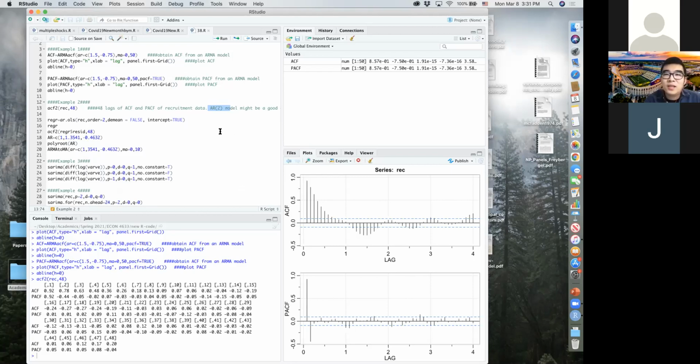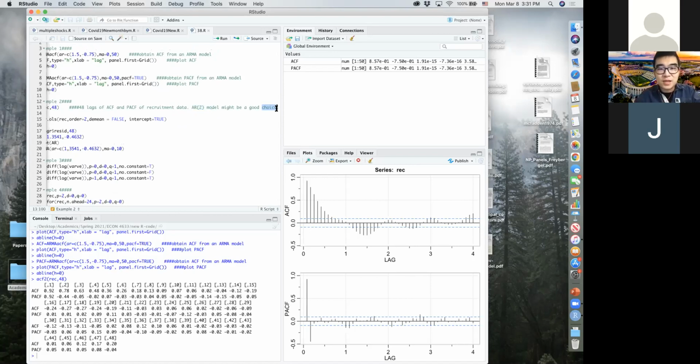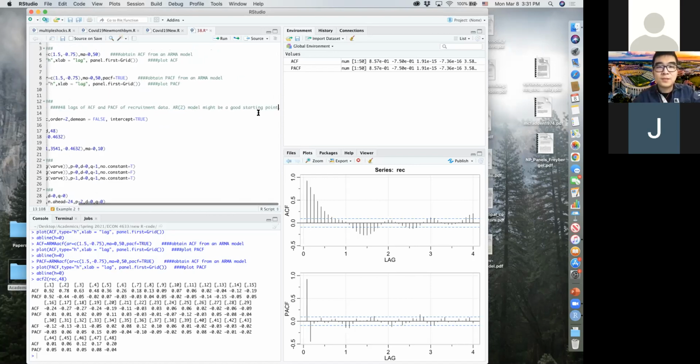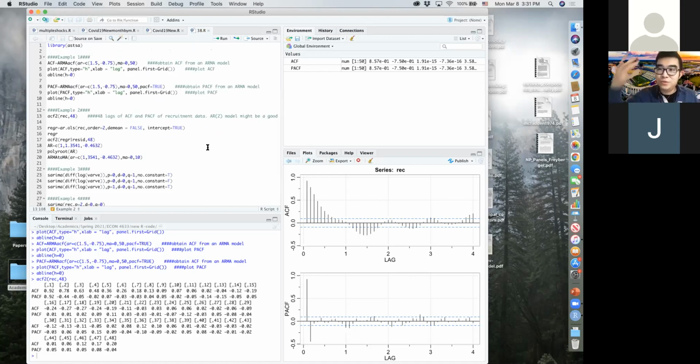So the AR2 model is just a good starting point, and for representation purposes, we will stick with this AR2 model. But in your analysis, I want you to do all those model comparison or model selection processes. Now let's say we will just use this AR2 model and we want to fit this model.